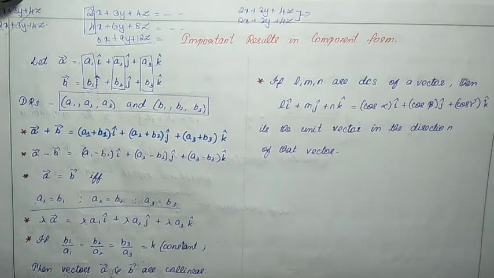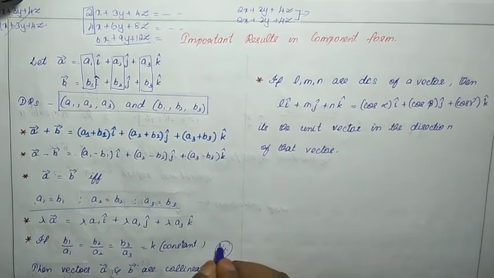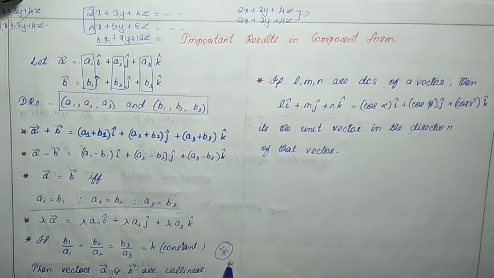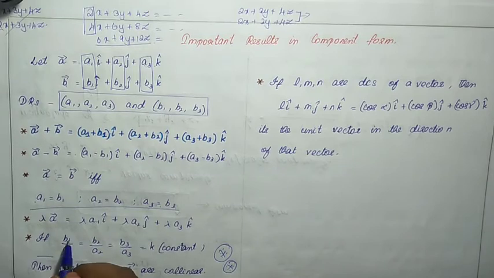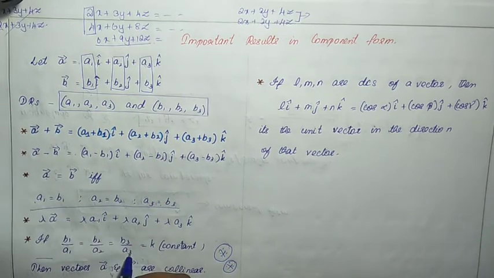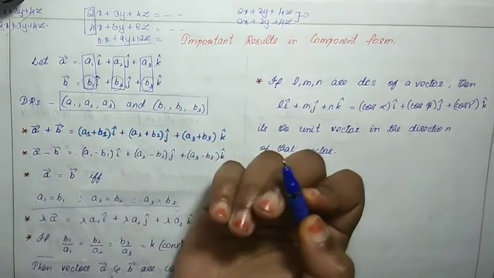Now this is also a very important formula that you will be using in analytical geometry in the next chapter, that is 3D geometry. So this is also very important. If b1 by a1 equals b2 by a2 equals b3 by a3, that is direction ratios, I'm just taking it as proportion.